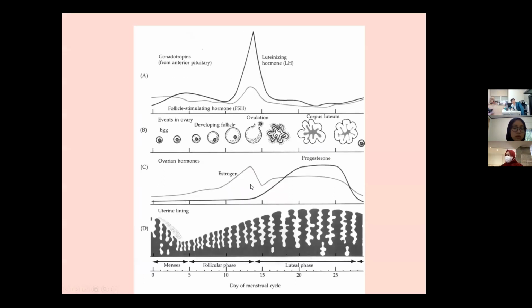The mother will suffer. Then we go back to this topic here. We try to mimic the normal phenomena. We collect the mature ova and maintain the endometrium. Then we can do the embryo transfer to get implantation here.